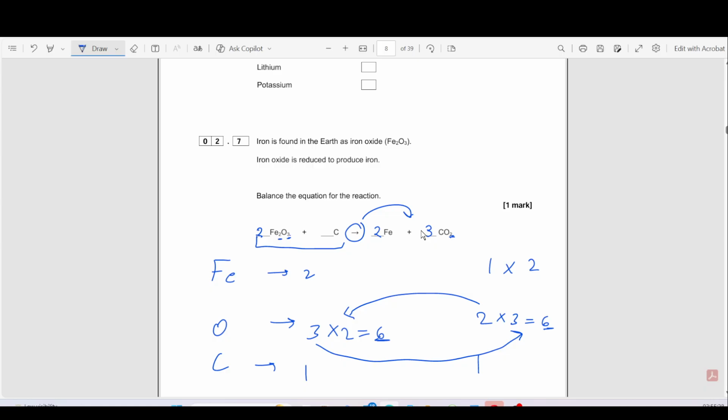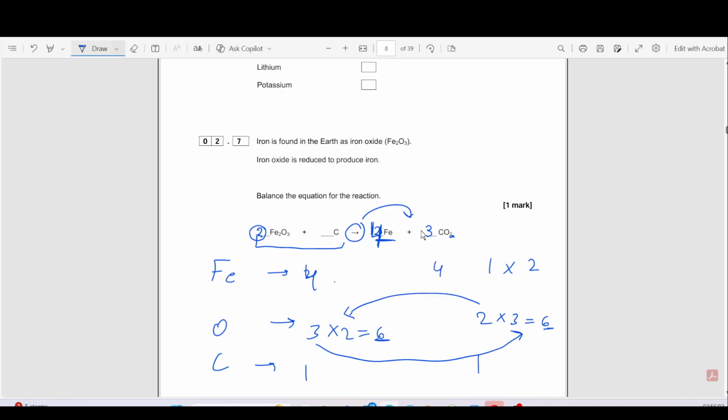But now if you check iron again, because we multiplied this with this, 2 times 2 is 4. Now iron is 4 on this side, but on the other side iron is actually 2. So I need to put 4 here. Now let's check if everything is balanced. On one side iron is 4, on the other side we have 4.